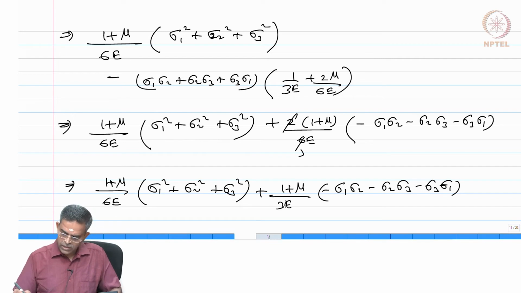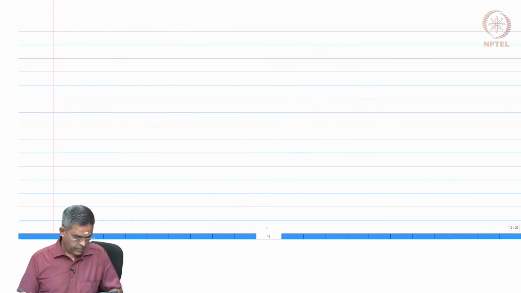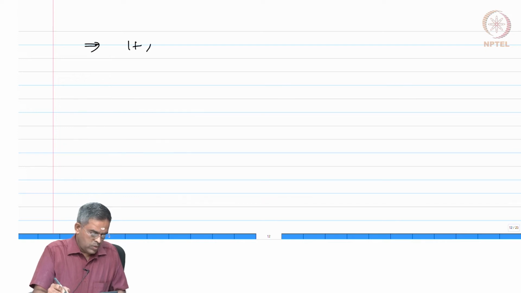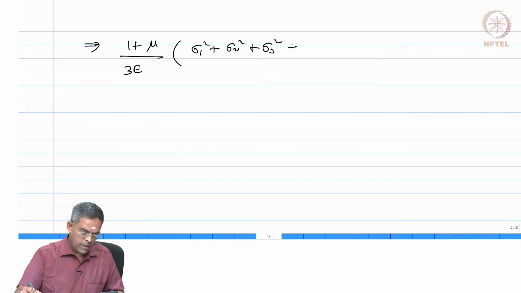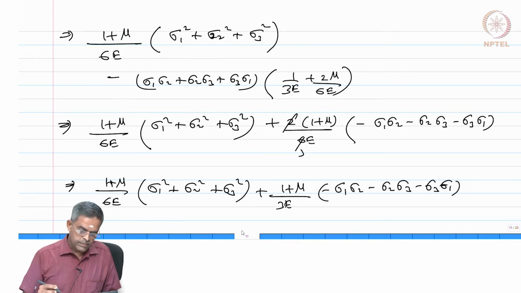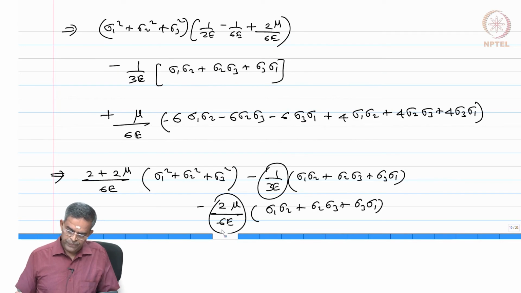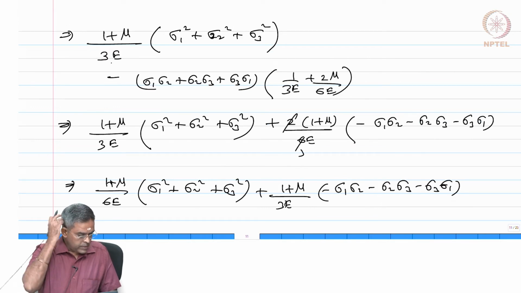Okay. I can further simplify this, which will now become (1 plus μ) by 3 of the squares minus, I think I will get here, let me make this correction, I will get here 3, please make that correction. So, I get here 3 because 2 times of (1 plus μ) by 6E becomes (1 plus μ) by 3E, okay. So, 3.